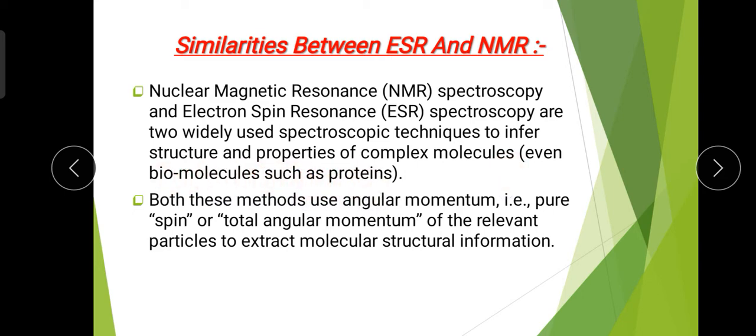As already mentioned in the applications, nuclear magnetic resonance spectroscopy as well as electron spin resonance spectroscopy are two different techniques, but they have similarities, and in both techniques we use spectroscopic methods to study the structure and properties of a given complex sample or complex molecules.